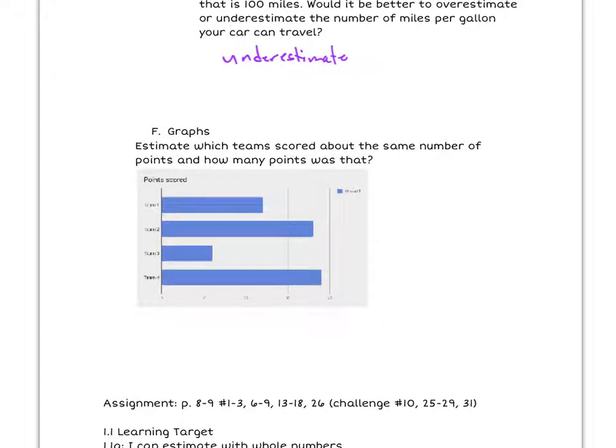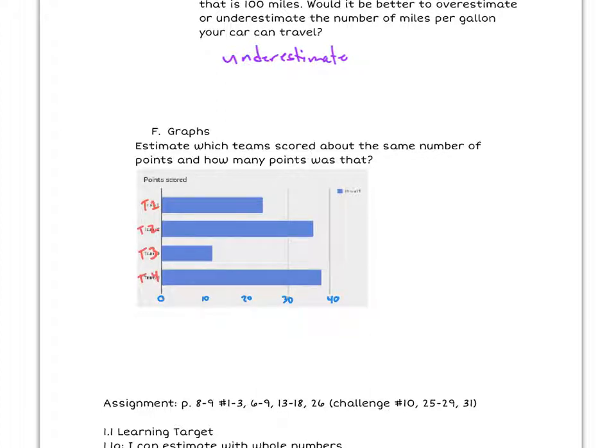The last thing here, I'm going to write these numbers in a little better on the bottom. We've got 0, 10, 20, 30, 40. It got a little blurry on the printout. And then you have Team 1, Team 2, Team 3, and Team 4.